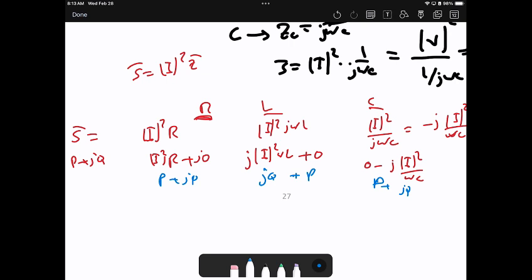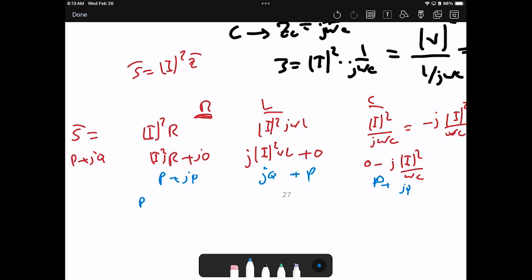So the conclusion for the resistor: P equals I squared times R, and Q equals 0. P is the real power, I squared times R. Q is the reactive power, and it equals 0. For the inductor, P equals 0 and Q equals I squared times omega L. For the capacitor, P equals 0 and Q equals negative I squared over omega C.